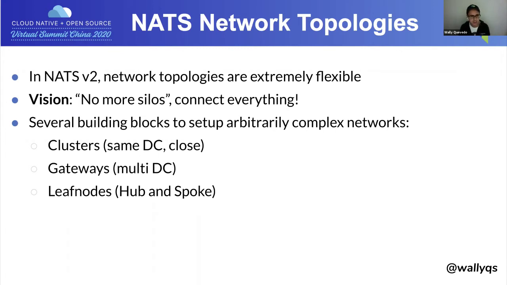The vision is to not have more silos and be able to use NATS to connect everything. So they have more building blocks. You can use not only clusters that were part of NATS v1, you can have gateways to connect multiple data centers, and also have something called leaf nodes, which create extensions of a supercluster or a single cluster to have hub and spoke types of topologies.